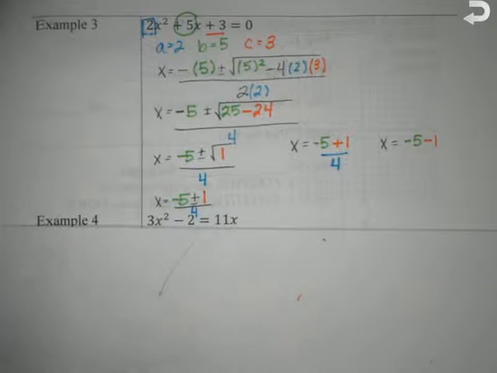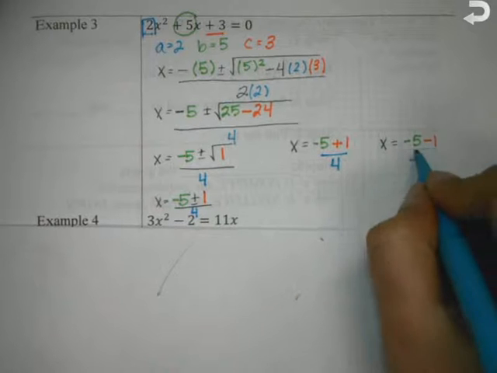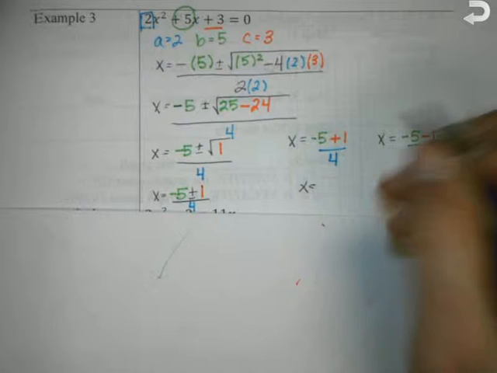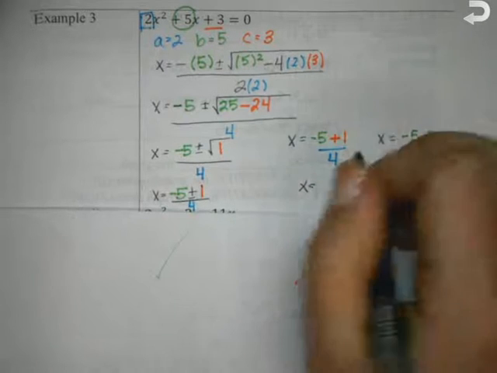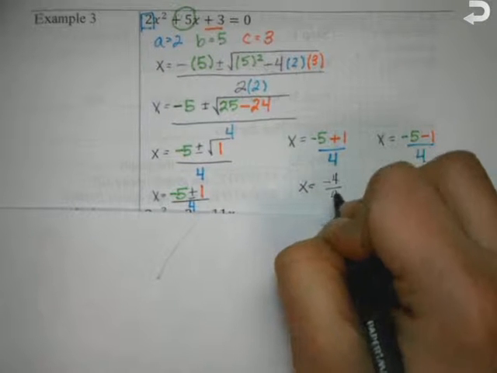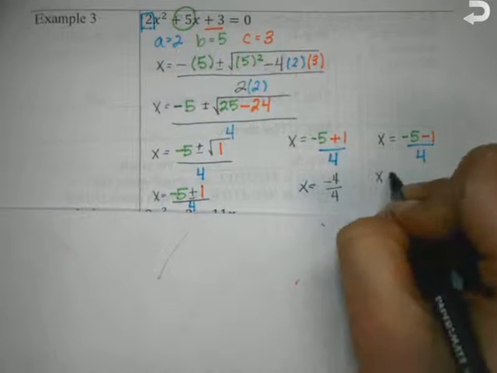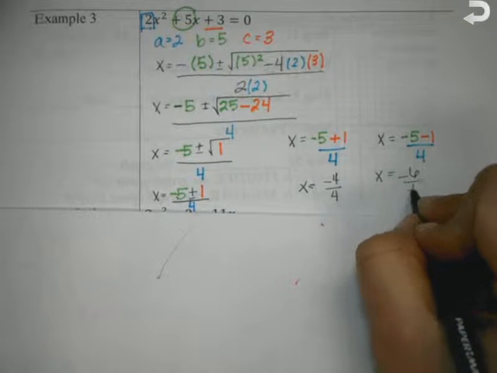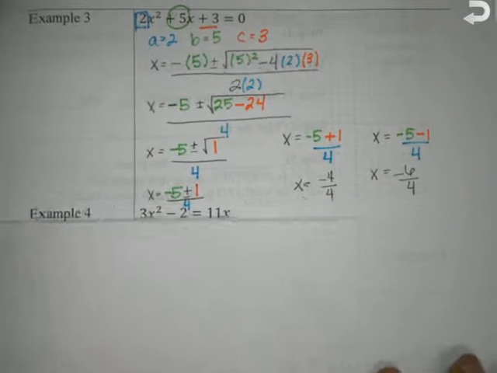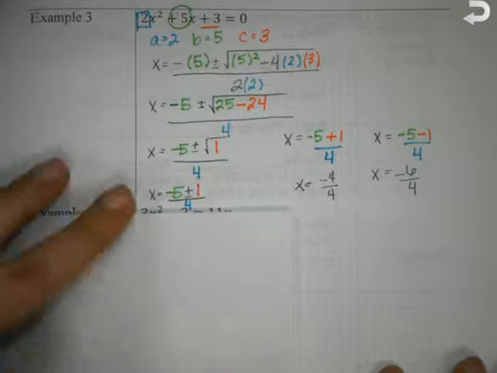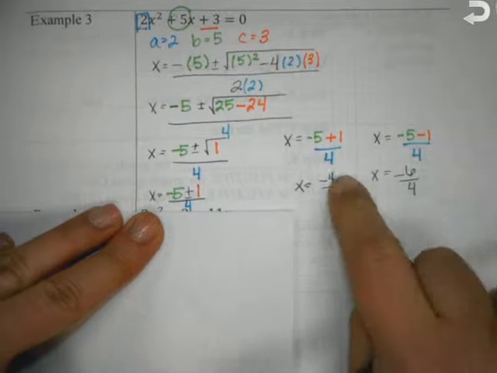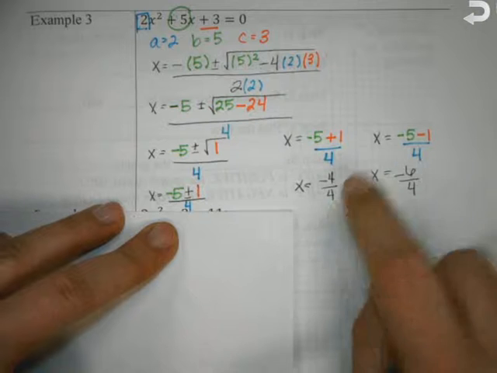So x equals what? Negative 5 plus 1 gives me negative 4 over 4. And x equals negative 5 minus 1, negative 6 over 4. Okay. And then let's reduce. So x equals negative 4 divided by positive 4. Negative 1. And what does this reduce by?